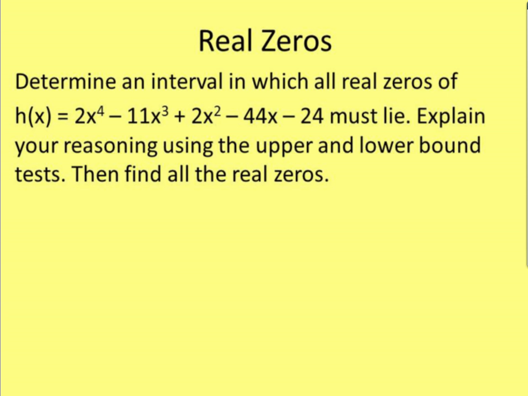If you look at your graph, it does look like all of your zeros are going to be between -1 and 7. But we actually have to test that to see if that is our lower bound and our upper bound. So we're going to do synthetic division with -1, and then we're going to do synthetic division with 7 to see if they are the upper and lower bounds.